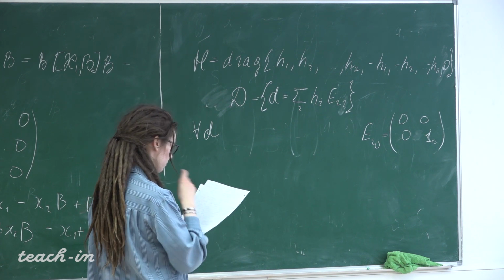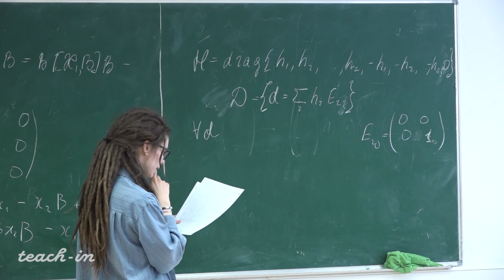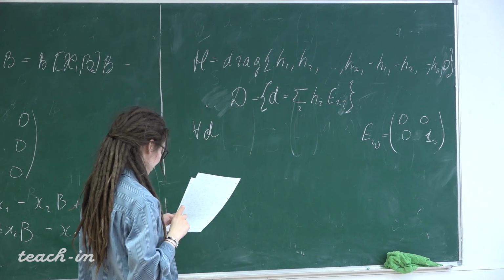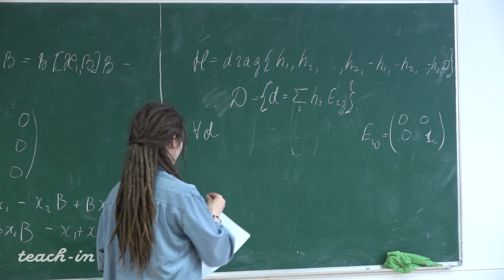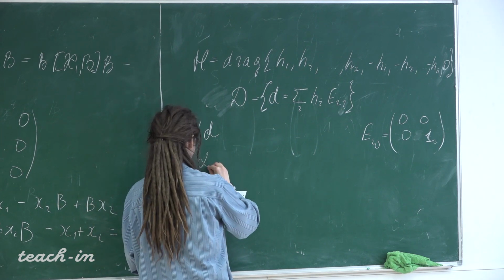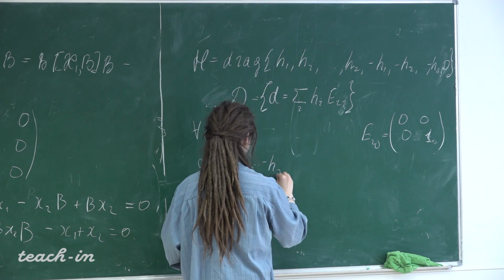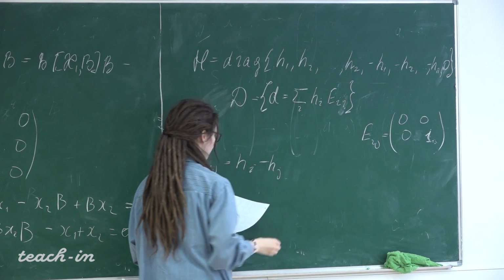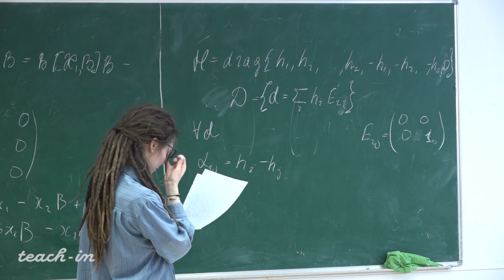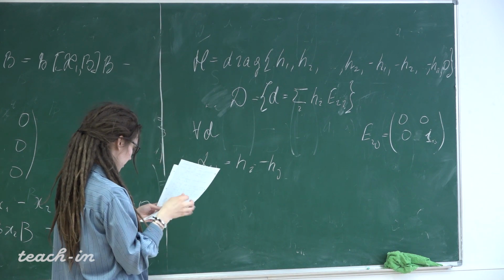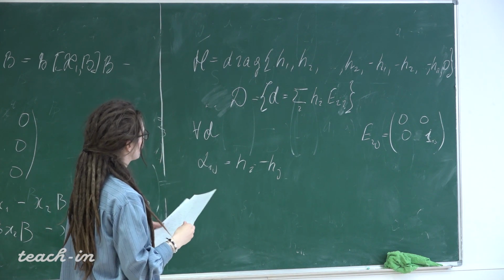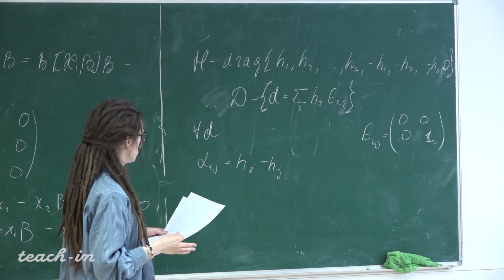Okay, so just say what you wanted to say. Let me not confuse you. Okay, I got that my alpha_ij is actually h_i minus h_j. The h_i are some numbers. Alpha_ij, what is it? It's another number.